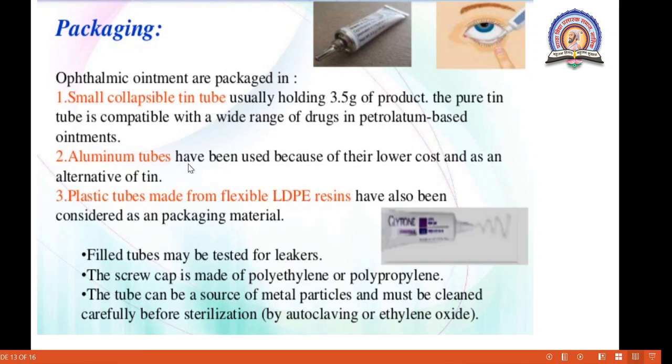Aluminum tubes have also been used because of their lower cost and as an alternative to tin. Plastic tubes made of flexible LDPE, low density polyethylene resins, have also been considered as a packaging material. So in this way the packaging is done.